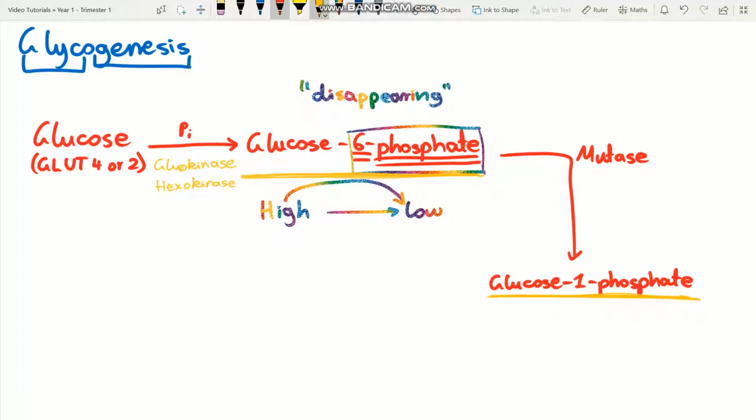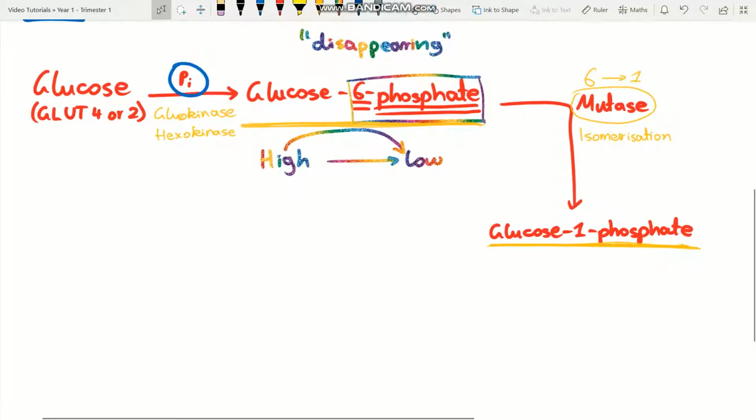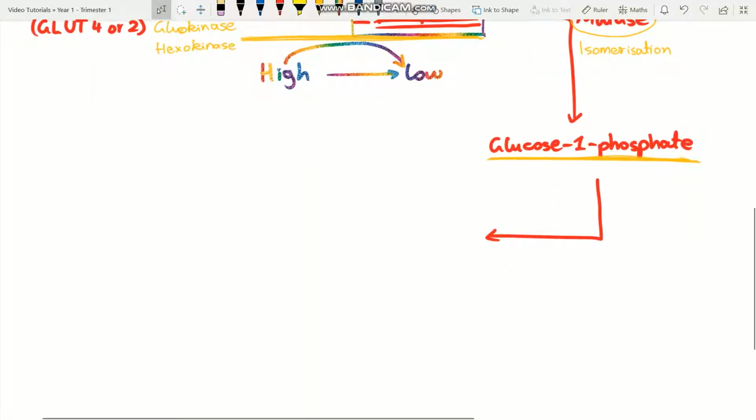And the reaction that actually occurs is not like a phosphorylation reaction as we see here, but is instead called an isomerization. Essentially, mutase is able to move the phosphate group from one position, which is the 6th position, to the 1st position, or the 1st carbon. After that takes place, we have the formation of a special molecule that's called UDP glucose, or uridine diphosphate glucose.